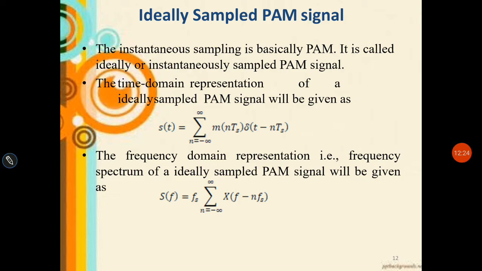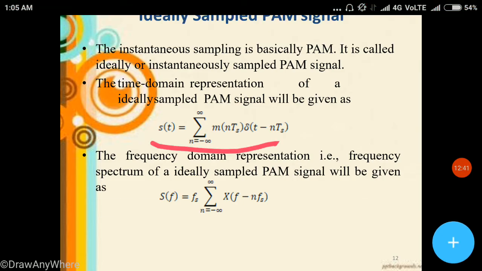Next is the ideally sampled PAM signal. Instantaneous sampling is basically PAM, and it is called an ideally or instantaneously sampled PAM signal. The time domain representation of an ideally sampled PAM signal will be given as s(t) equal to summation n equal to minus infinity to plus infinity m(nTs) delta function of t minus nTs.